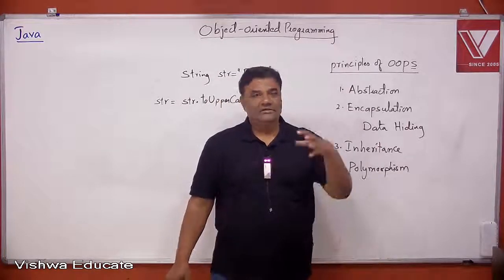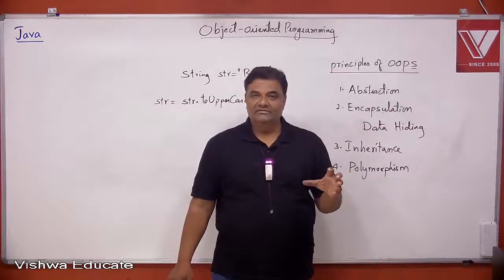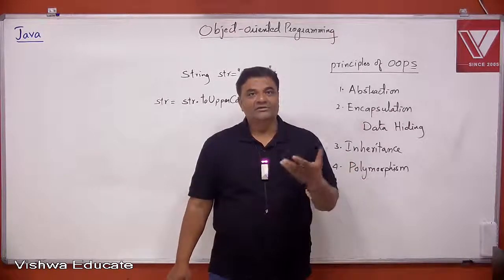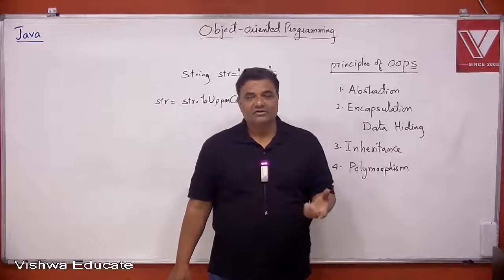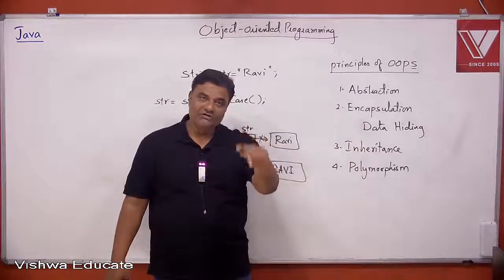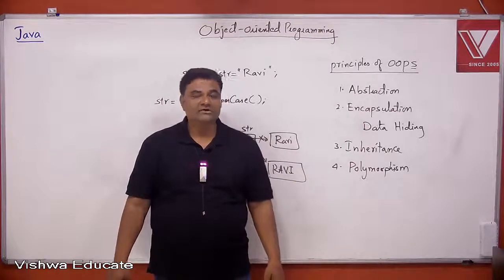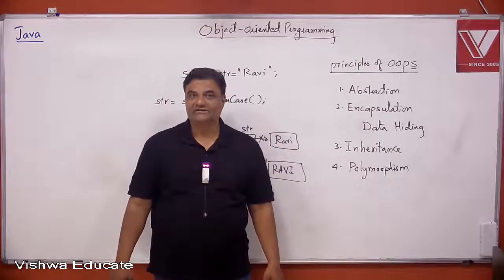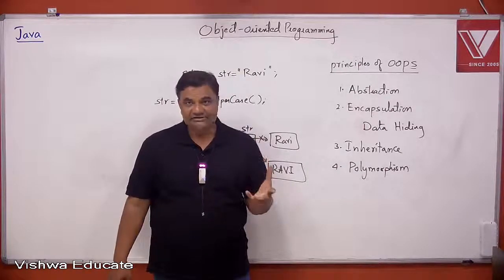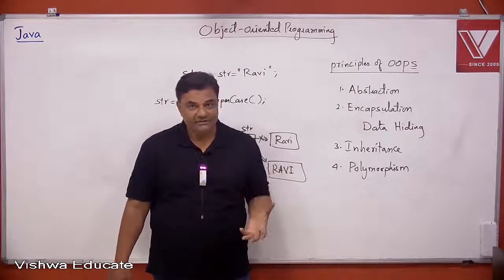See, automobile engineering, car. You drive a car, you use all the functions of a car. Do you know how they are working? Without knowing, you are using it. Abstraction. Television, electronic engineering, television, everybody uses it.